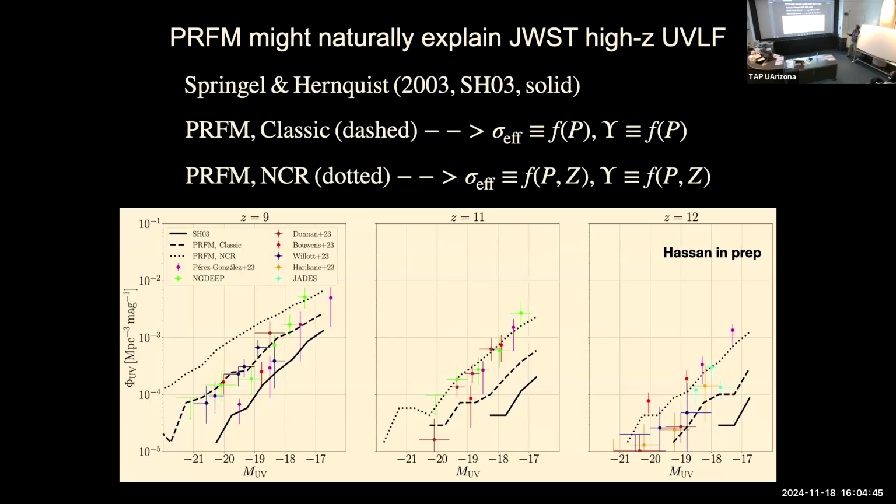But without tuning to the observation, at redshift of 9, the classic model gets very close to the observation, which is really nice. As you go to much higher redshift, the model where we account for variation in metallicities gets much better with the observation. So now we need to find out, and we're implementing this on the fly now to try to find out which results might be better and how they interact with the feedback, basically.